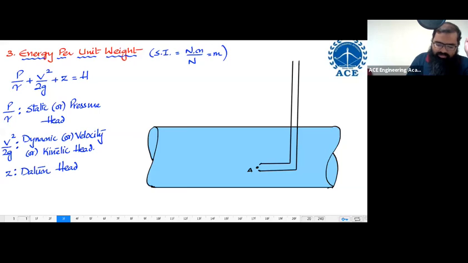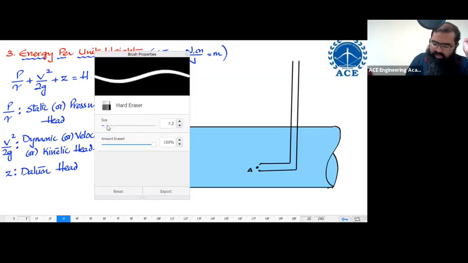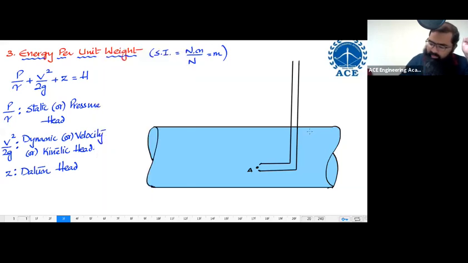Now, what happens when you install a pitot tube? Please try and understand what exactly is happening. The moment you install a pitot tube, the first thing that happens is that at point A the fluid stops. The fluid is going to experience stagnation at point A. Look at my cursor: the jet of fluid comes and strikes over here, stopping.